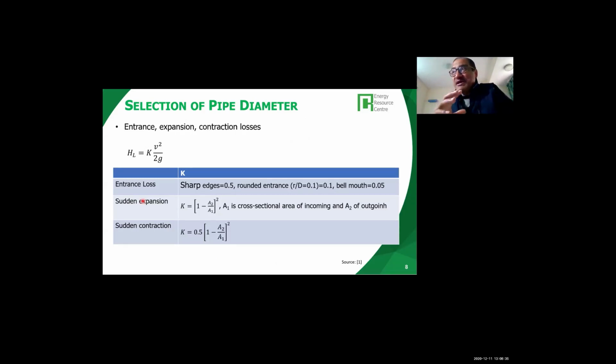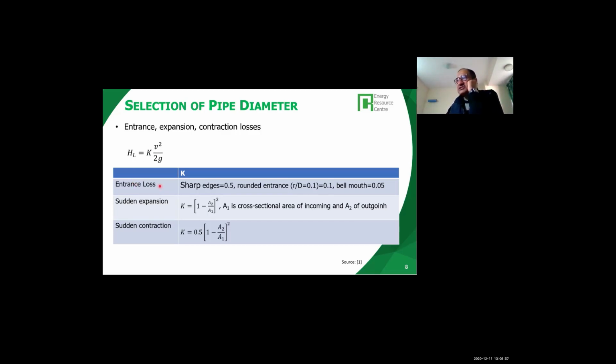And as I mentioned, the other losses are entrance, expansion, and contraction losses. The basic formula is K times V squared over 2g, where V squared over 2g is what is known as the velocity head, and K is the coefficient of expansion, contraction, or entrance.